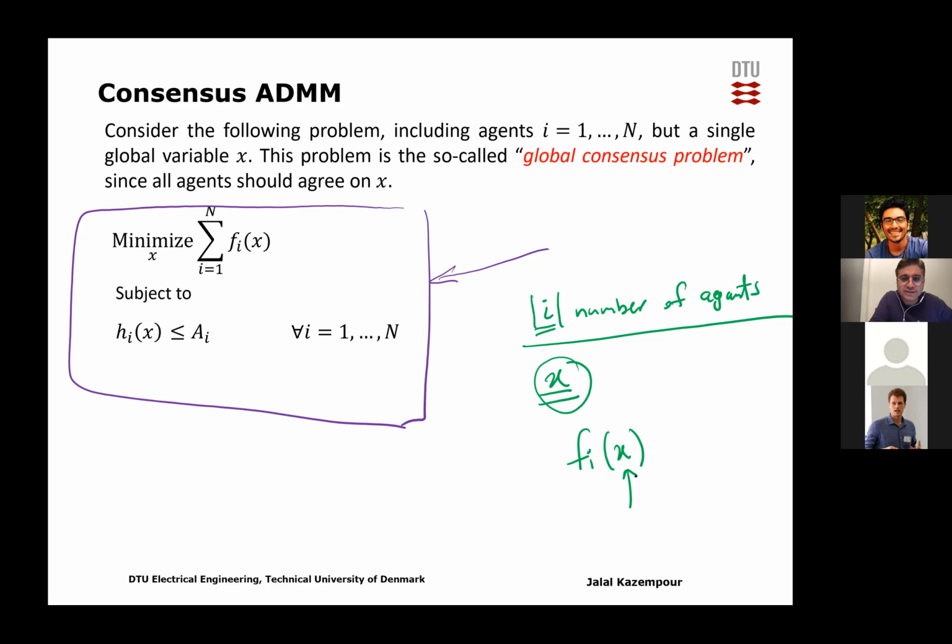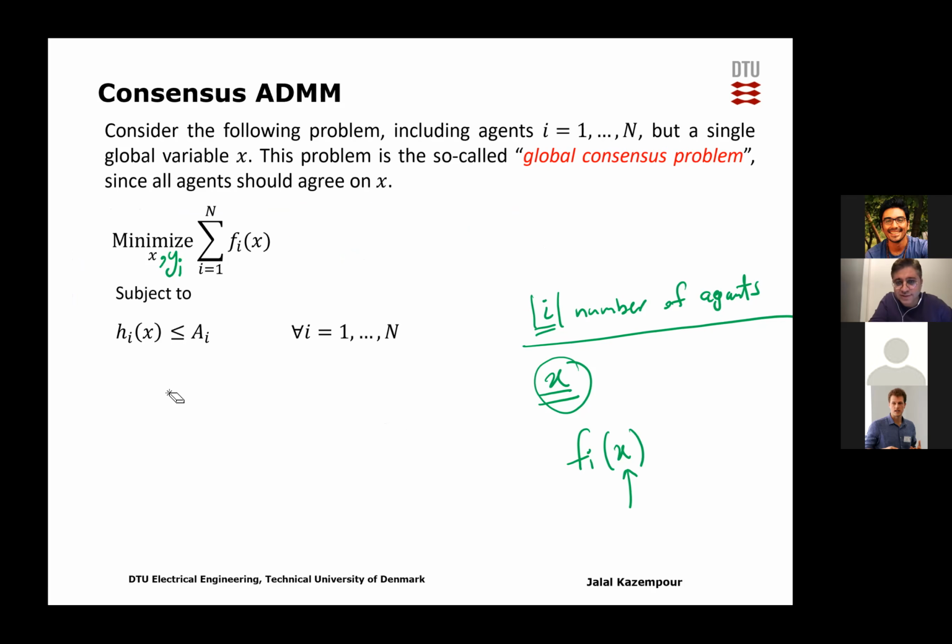This is a very stylized problem. You can also assume that each generator, each i, has their own variables, for example yi, and you can add something related to yi. It's fine. It will not limit the applications of consensus ADMM.